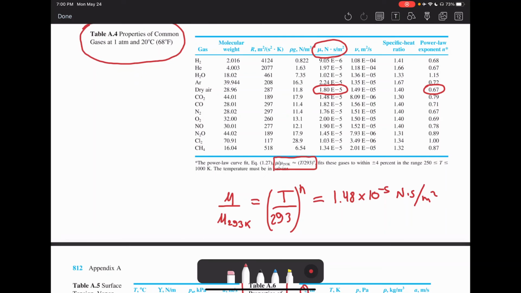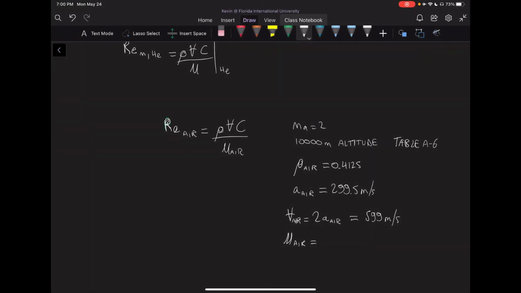So going back to our diagram, we can say that mu air is equal to 1.48 times 10 to the minus 5 Newton seconds per meter squared from table A4 and A6.